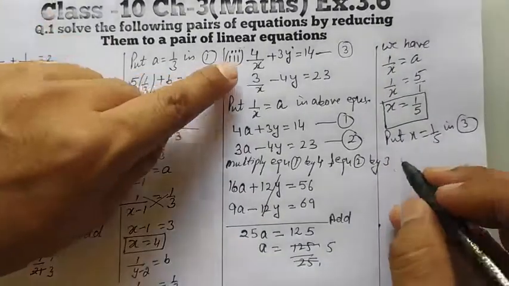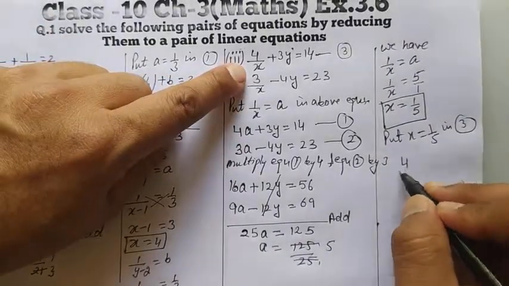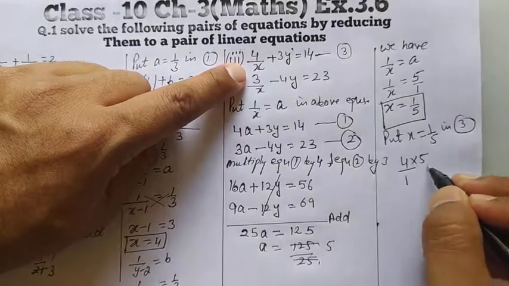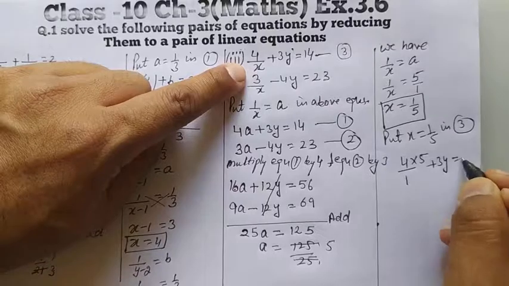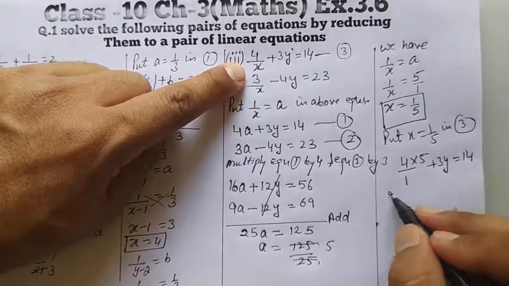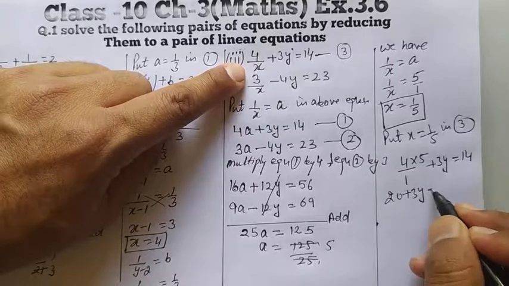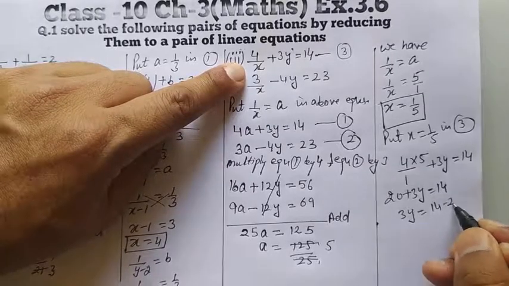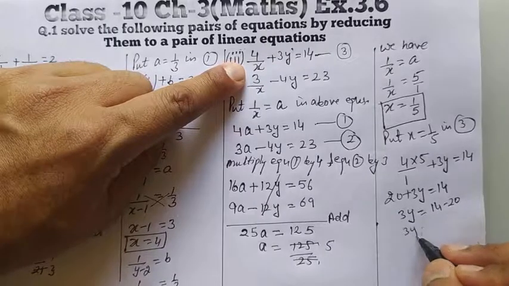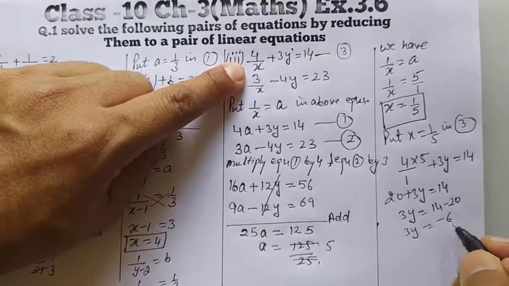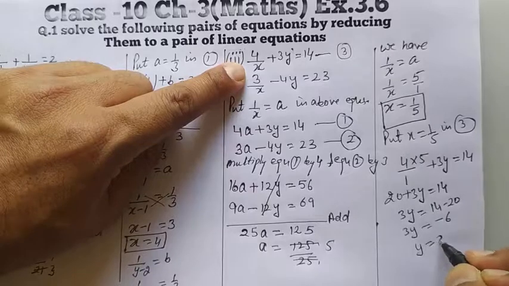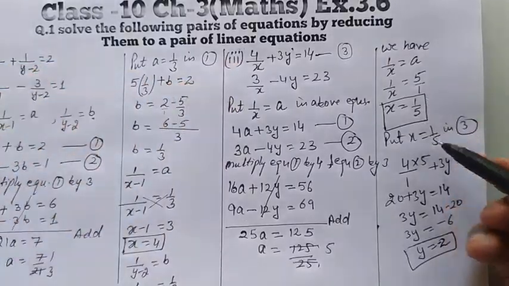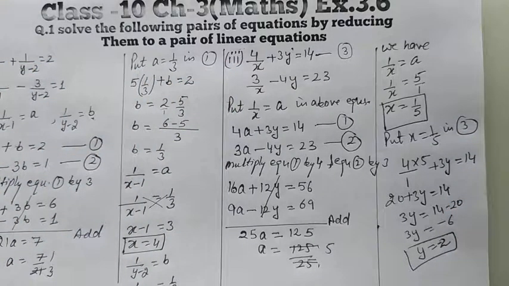So let's see, 4 over x is 4 over 1 over 5, that 5 will go up in the numerator, plus 3y is equal to 14. So it is 20 plus 3y is equal to 14. So 3y is equal to 14 minus 20. So 3y is equal to minus 6. So y is equal to minus 6 over 3, that is minus 2. So x is 1 by 5 and y is minus 2, the answer of this question.